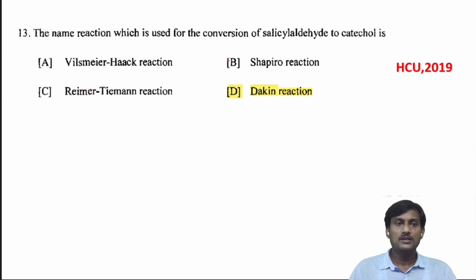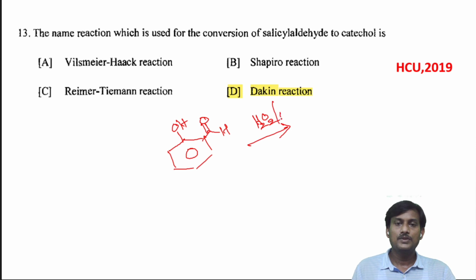The name reaction which is used for the conversion of salicylaldehyde to catechol is... here this is salicylaldehyde, OH, and this one is C double bond O, H. When you treat with hydrogen peroxide in presence of base sodium hydroxide, there is a hydroxylation in place of the CHO, and this one will be converted into HCOO minus.